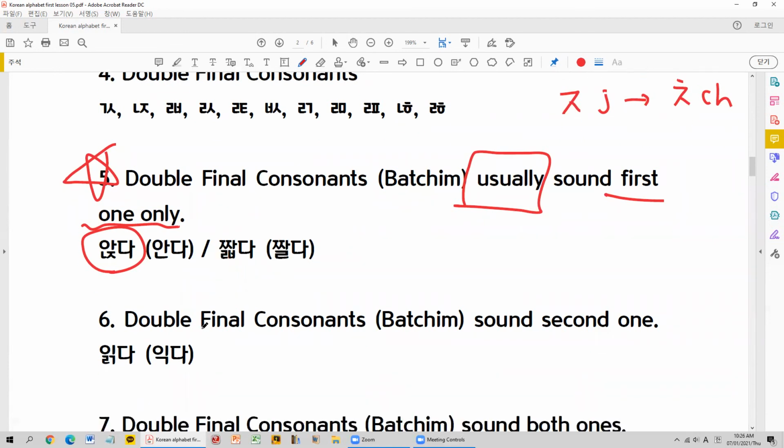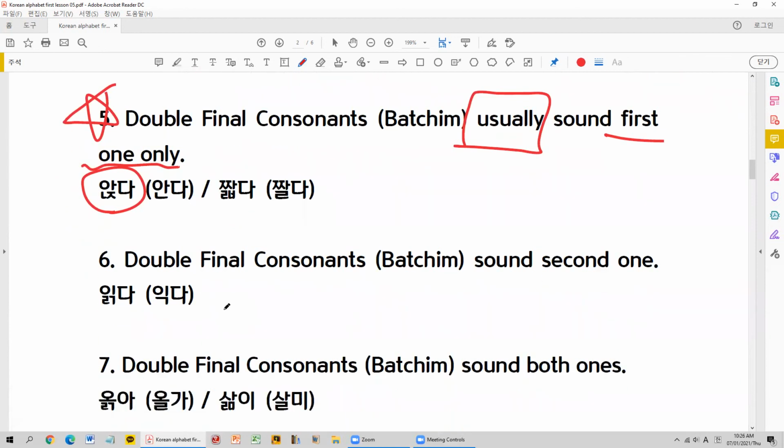And sometimes you have to read the second one, but there are not many examples. This is a beginner class, so I'm going to teach you very basic words. For example, 읽다, 읽다. This means read. So in this word you have to read the second one. Okay, 읽다. There are more examples, but this is a beginner class, so I just teach you very basic ones.